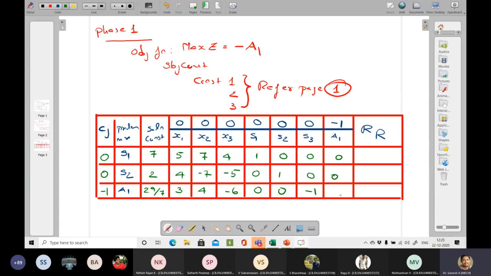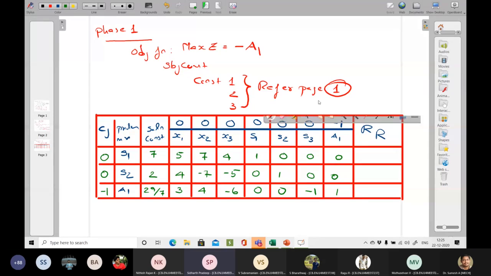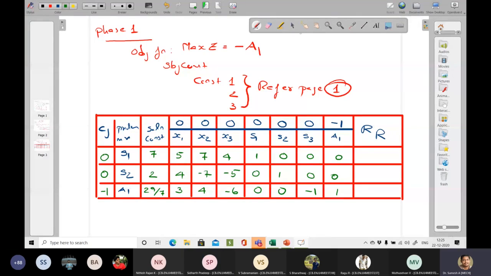Now what we have to do? Find Zj, and then calculate either Zj minus Cj or Cj minus Zj. Any one of the terms you can calculate.